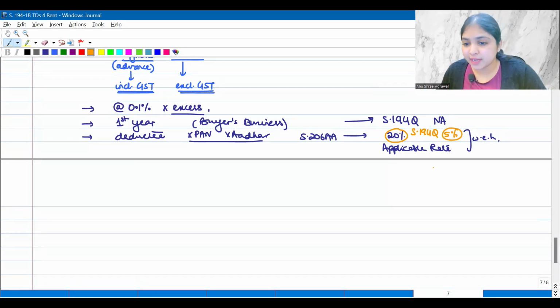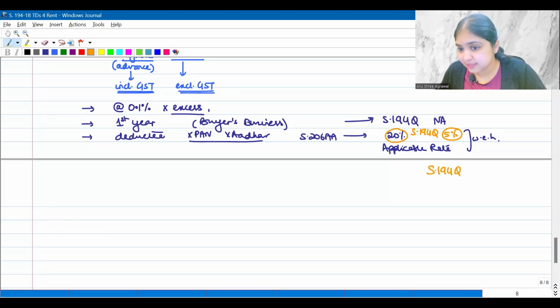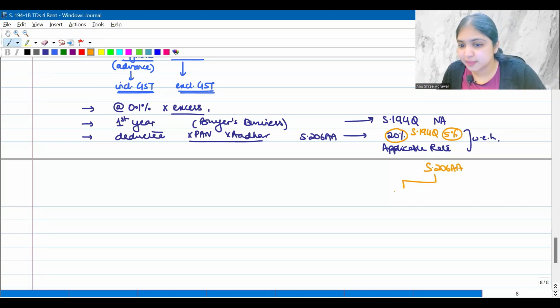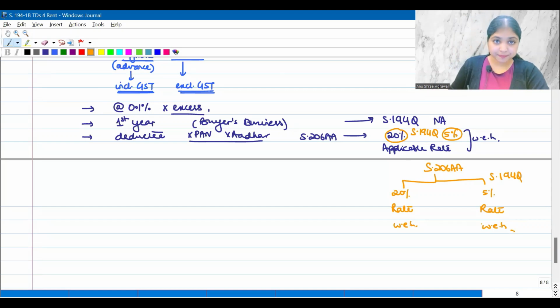So if I have to summarize 206AA, generally what does 206AA say? 20% or whatever is the applicable rate, whichever is higher. But if 206AA plus 194Q is applicable, then it's going to be 5% or whatever is the applicable rate, whichever is higher.